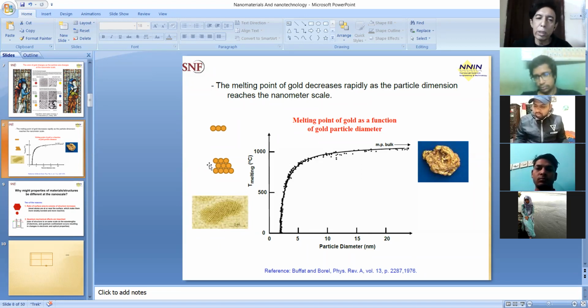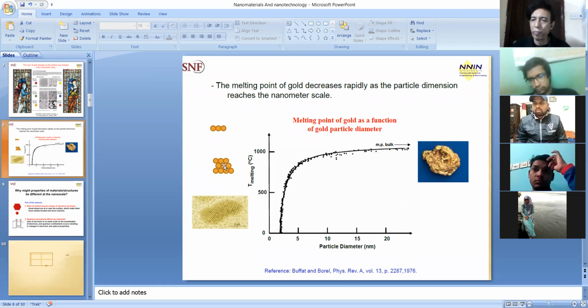But here you see there are 3 surface atoms, here 4 surface atoms, but this atom will not go to the reaction because it is an interior atom. So this atom will not go into the reaction, but here all atoms will go to the reaction.